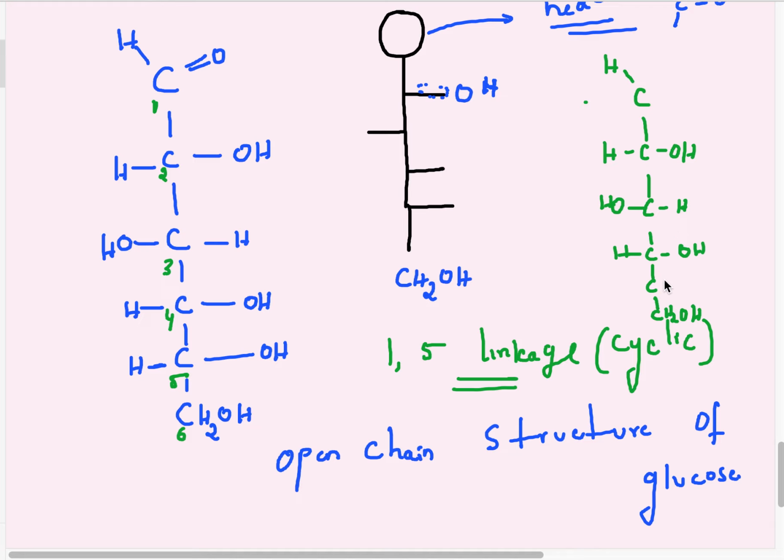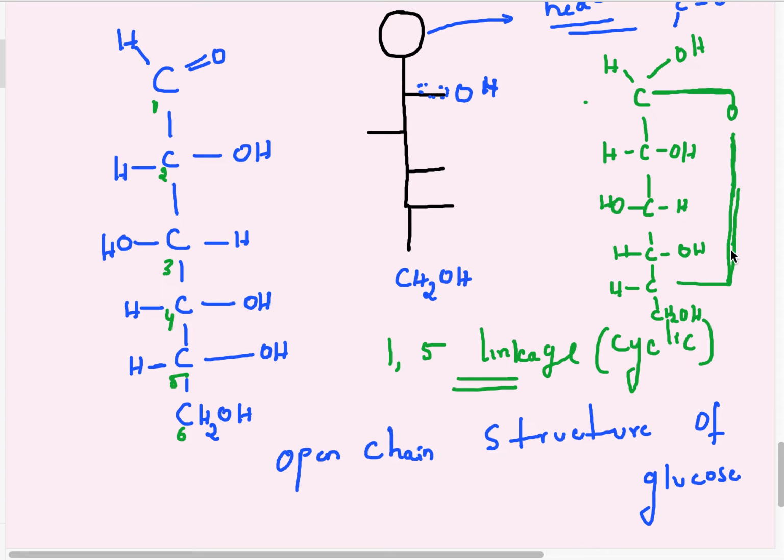After that, once again I will draw the structure to understand this one. See, this oxygen linkage like this, and this oxygen is already there, no? Right, and this hydrogen goes and sits here. That's it. This is the cyclic structure of glucose, that too the alpha form.